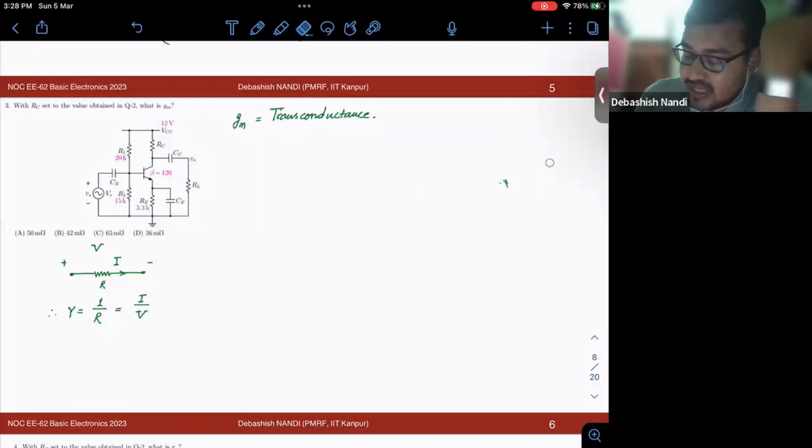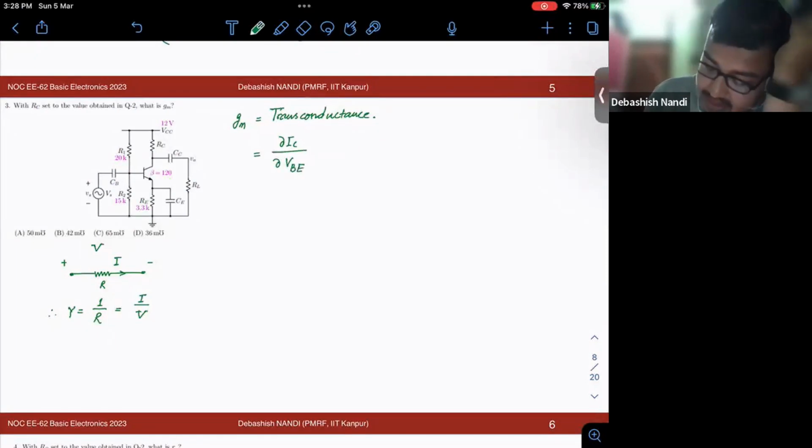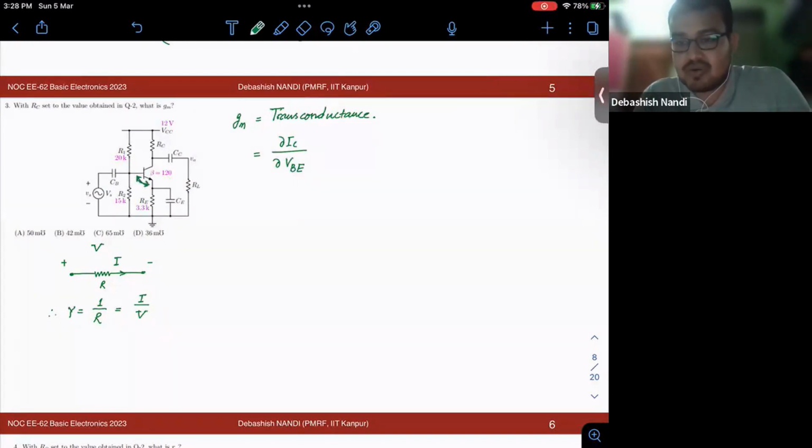Now for a BJT, transconductance is defined by delta IC with respect to delta VBE. That means if I change this potential drop by a differential amount, how much is my collector current changing?